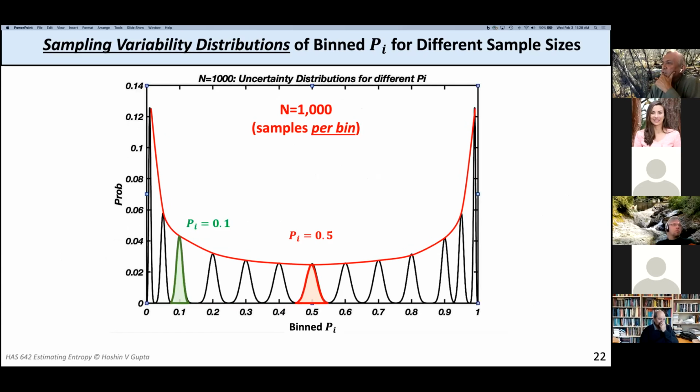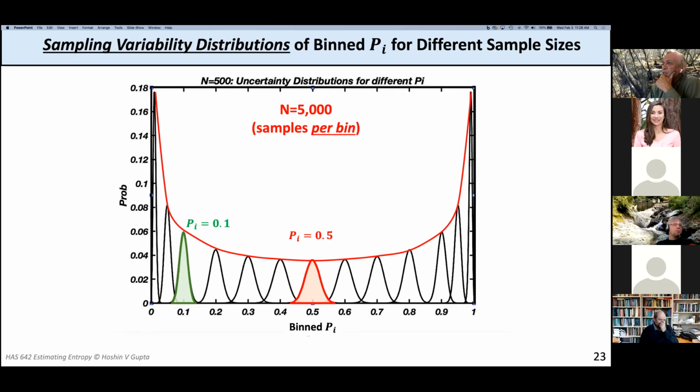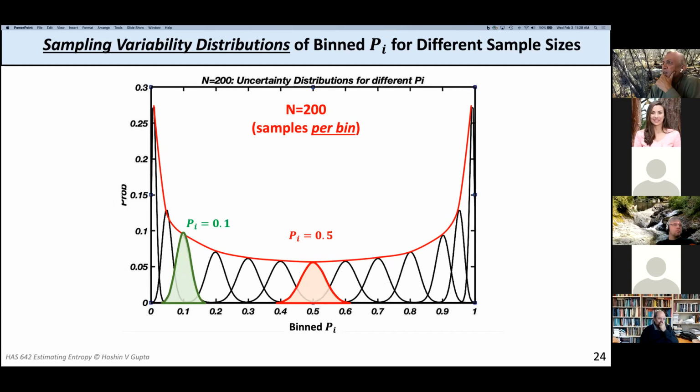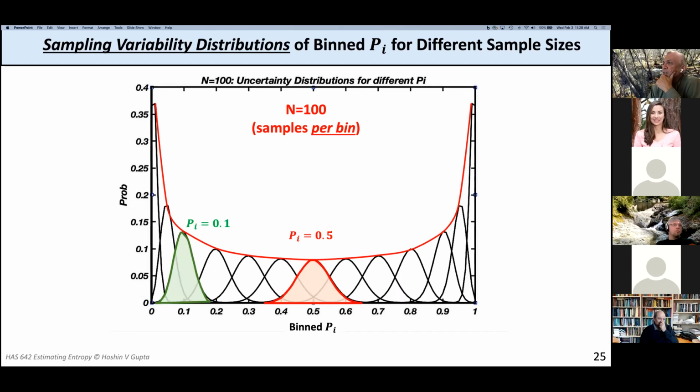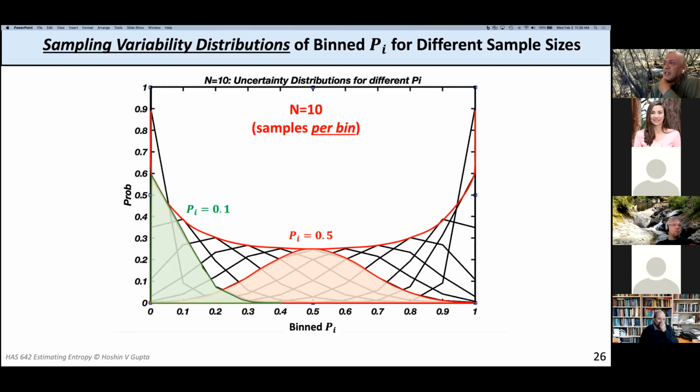Uncertainty is not too bad. 1,000 samples, 500, 200, 100, 10 samples, and the uncertainty covers almost the full range of the probability in the middle, and about half of the range of the probability near the ends. So small numbers of samples really give you very, very uncertain estimates of the bin probabilities.